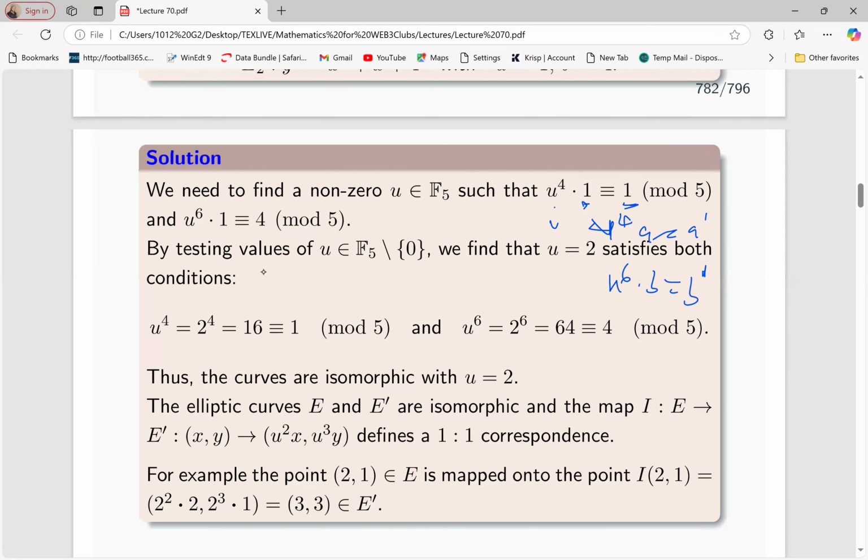So that is the u we're looking for. I said by testing this, we find that I found 2. Did we check 2 properly?